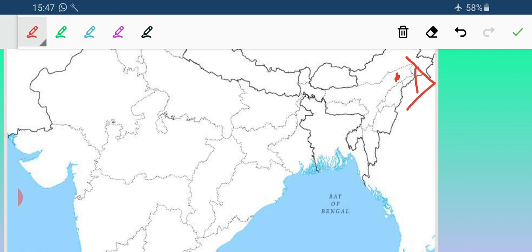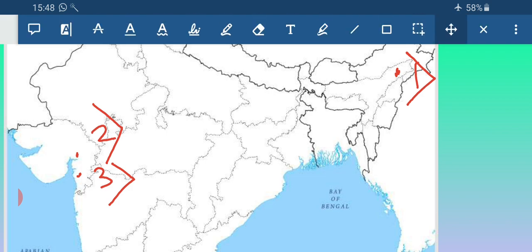And then plotting number 2 we are having in the western part. Here it is in the Gujarat region, Kalol. Sorry, I am not writing the name, I will write it on the whiteboard. Here, plotting number 2, and then just below that, plotting number 3, Ankaleshwar.